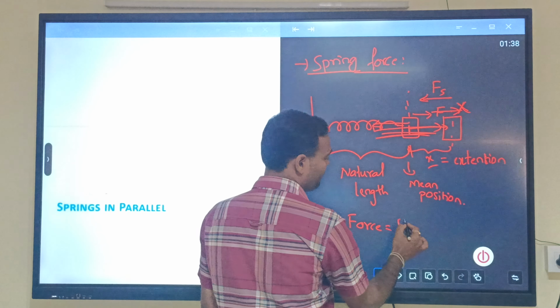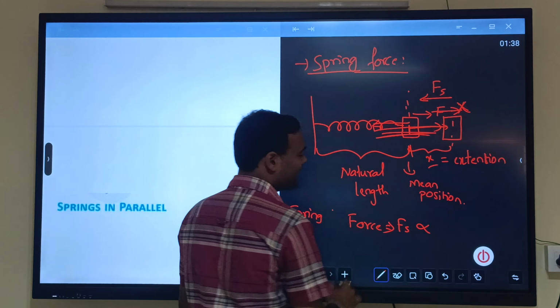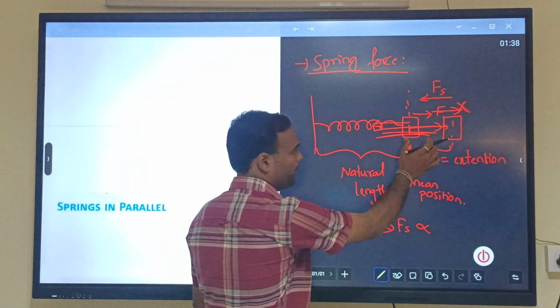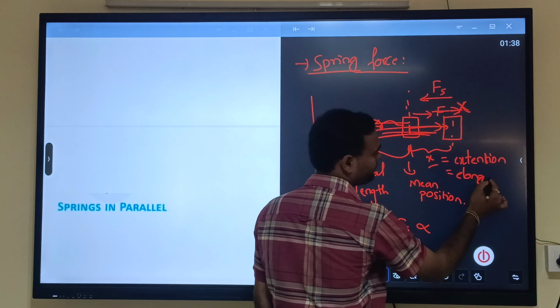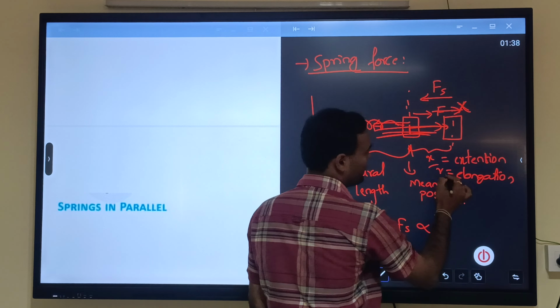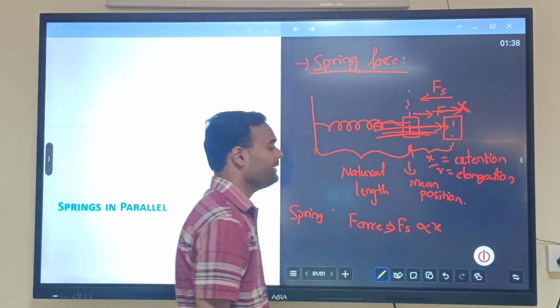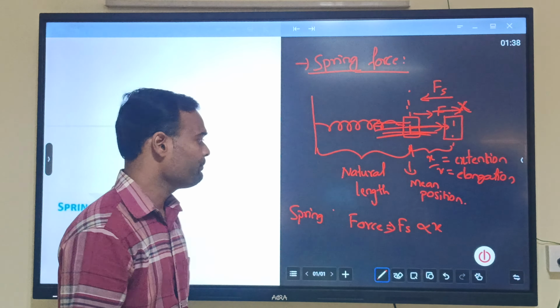And spring force Fs is directly proportional to the amount of elongation or extension. That is, Fs is directly proportional to x.